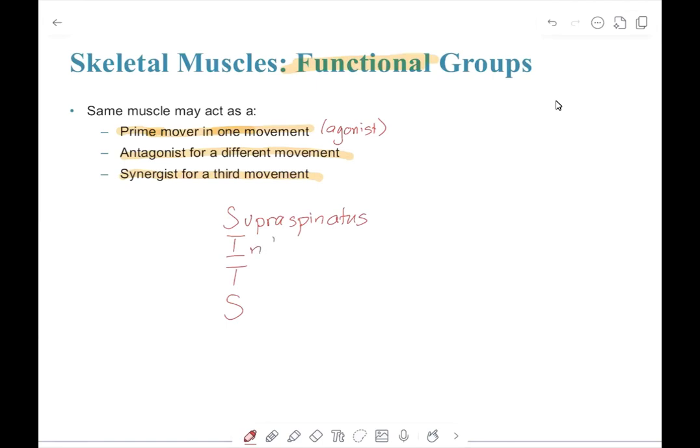Inferior to the scapular spine, we have the infraspinatus. Then we have the teres minor. Remember that the major is not part of the rotator cuff, and the subscapularis. So these four muscles are all parts of the rotator cuff group.